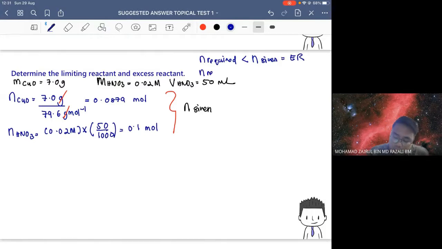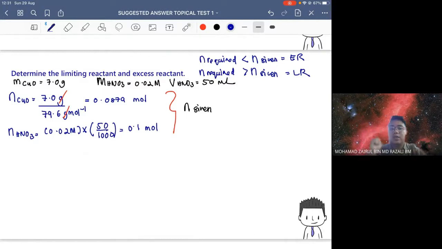If the mole required have greater value than the mole given, dia adalah limiting reactant. Apa yang awak perlukan lagi banyak daripada awak yang ada, dia adalah limiting reactant. Okay, so kalau ingat, kalau nak buat stoichiometry, apa yang awak nak cari letak belah kanan, apa yang awak jadikan sebagai reference, awak letak dia sebelah kiri.